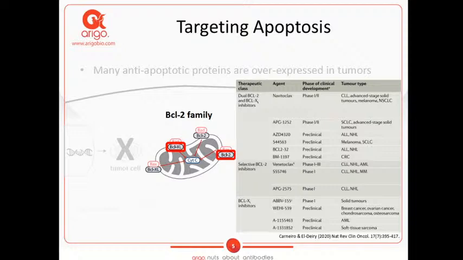All these inhibitors can be used for cancer therapy, but they are still in a very early phase of clinical development. You can see most are in a very early phase, such as the preclinical phase, phase 1 or phase 2.